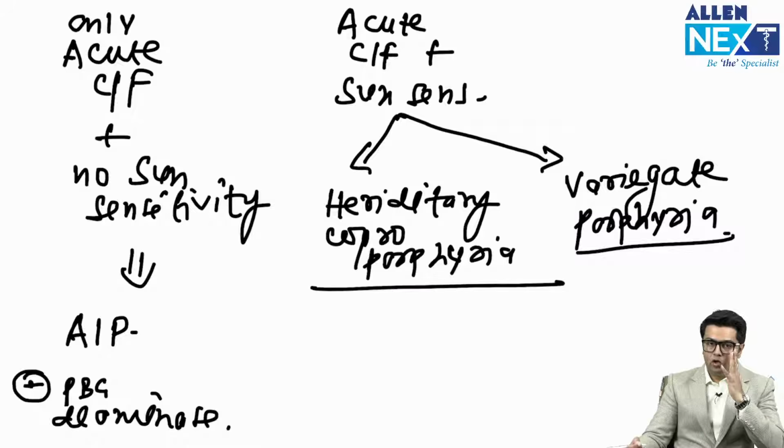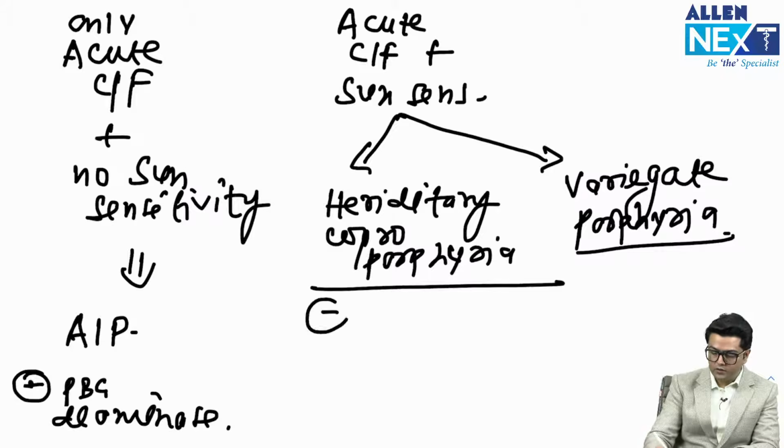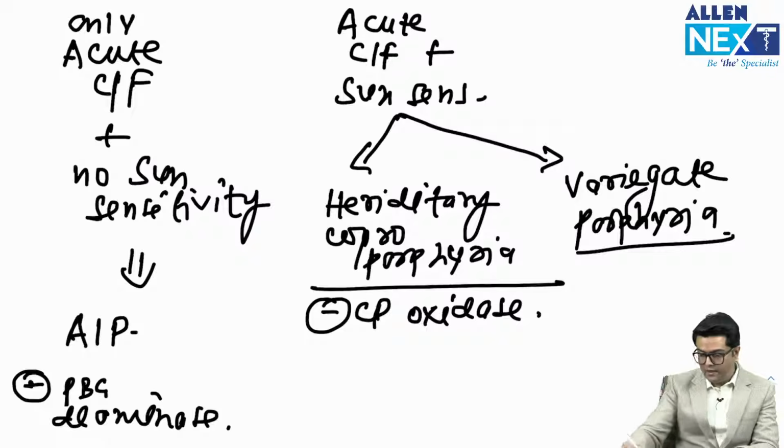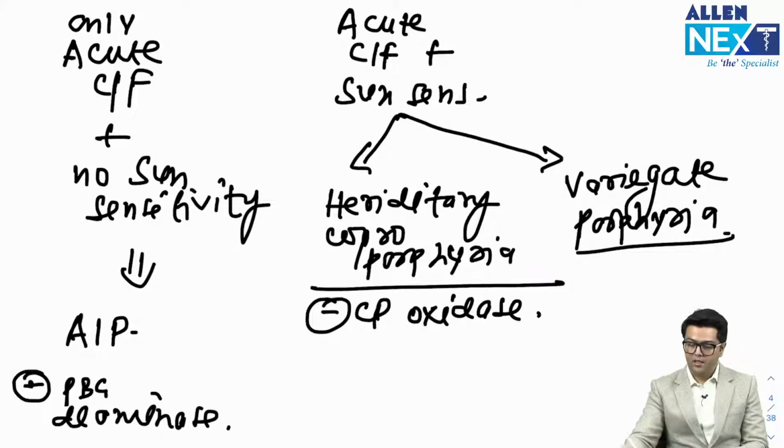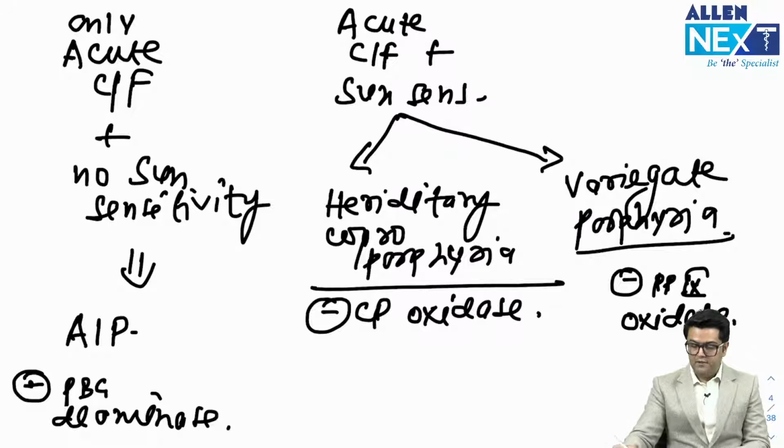In case of hereditary coproporphyria, what is the name of the enzyme deficient? As the name suggests, it is coproporphyrinogen oxidase. And in variegate porphyria, the enzyme deficient is protoporphyrinogen 9 oxidase. Fine, guys, right?